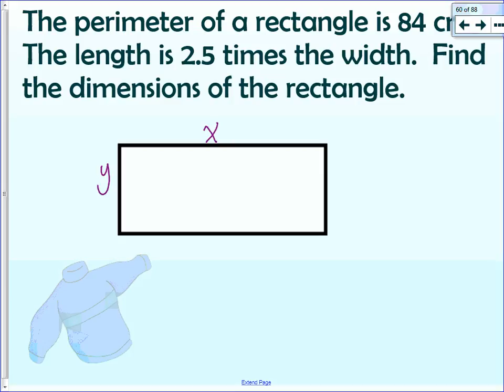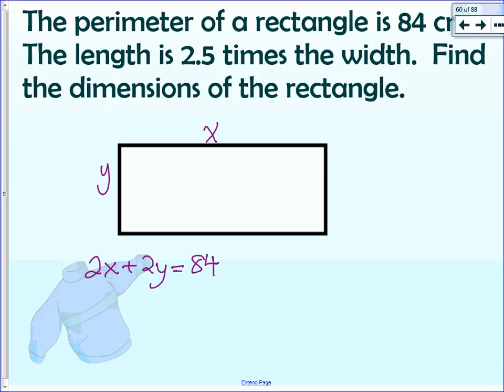Who can give me an expression for perimeter? DJ? 2x plus 2y equals 84. Okay, beautiful. 2x plus 2y equals 84.